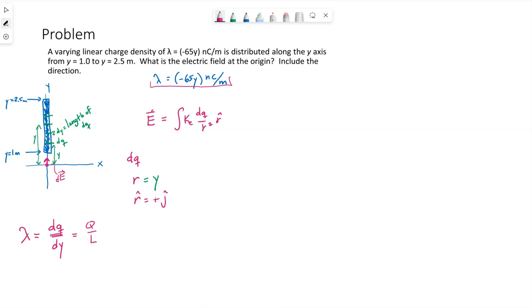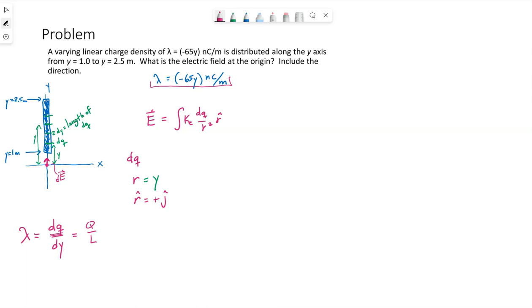So last example was dx, and this example is dy. The reason they're different is just because of how this linear charge is oriented. The last one was along the x-axis, hence dx. This one's on the y-axis, hence dy.